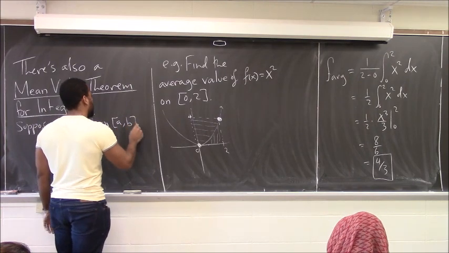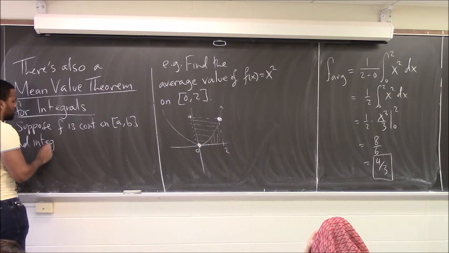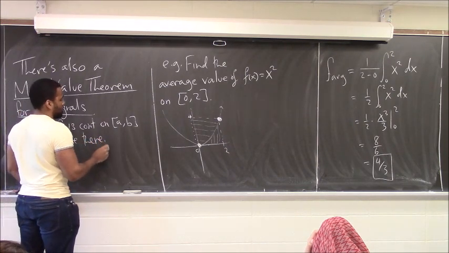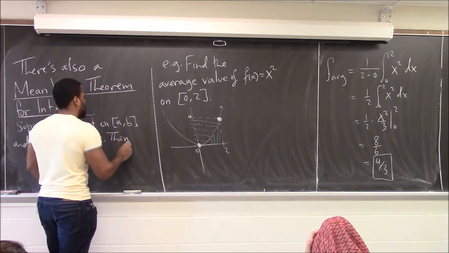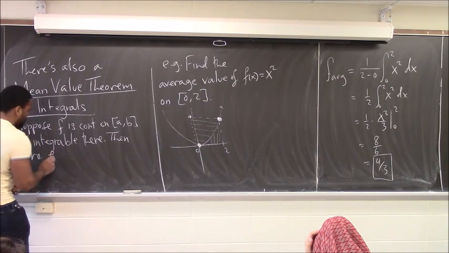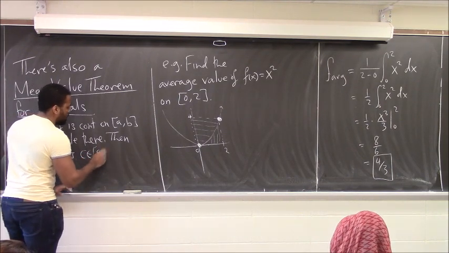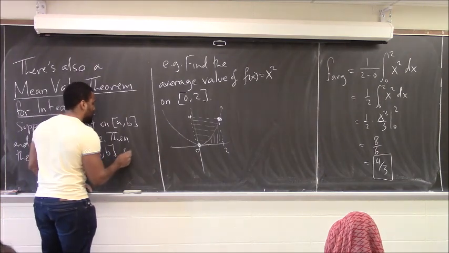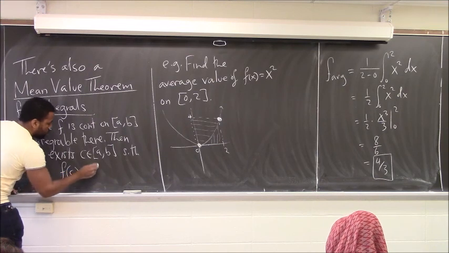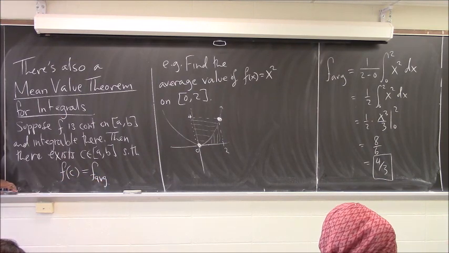Suppose f is continuous on [a, b] and integrable there. Then there exists some c in [a, b] such that that output is equal to your average output. This is called the mean value theorem for integrals.